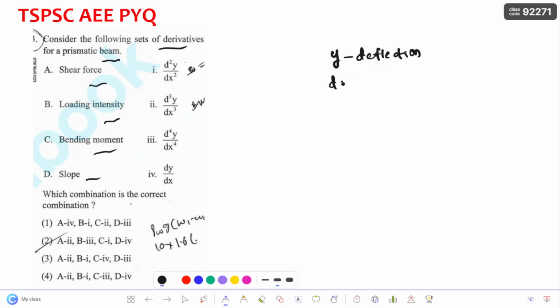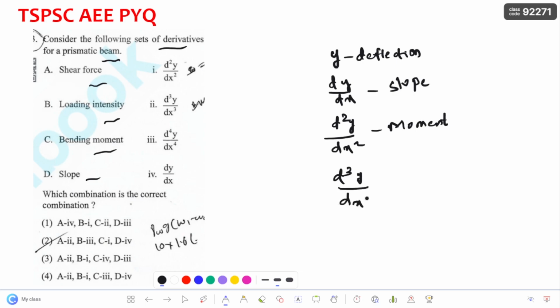Next, dy by dx is the slope. d square y by dx square is the moment. d cube y by dx cube is nothing but the shear force. d power 4 y by dx power 4 is nothing but the loading intensity.